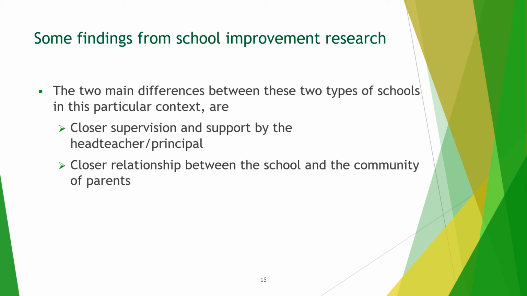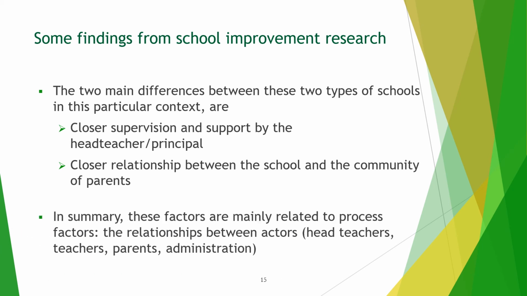Here again, this is not something that is unique to a private school. It can easily be introduced within the public school network, but it is an important factor. So what we see here is that the factors that explain the improvement are mainly related to process factors.